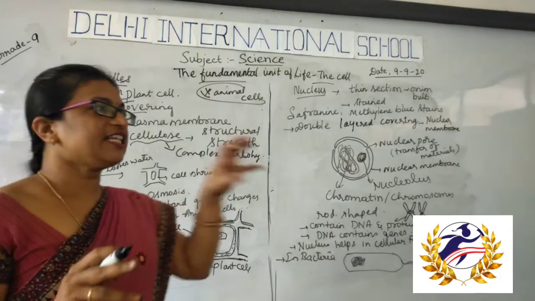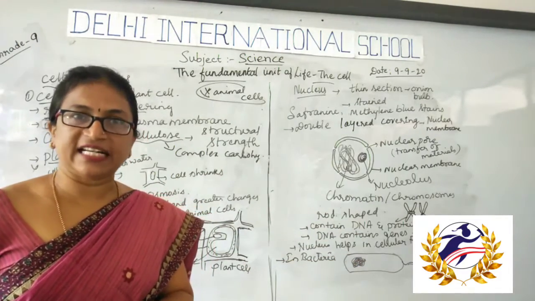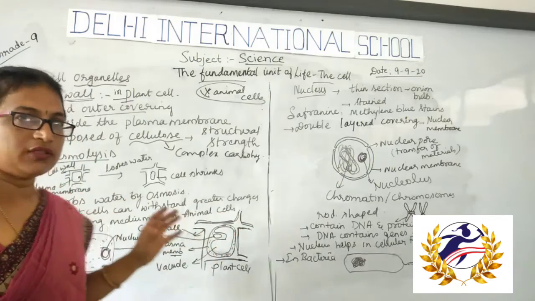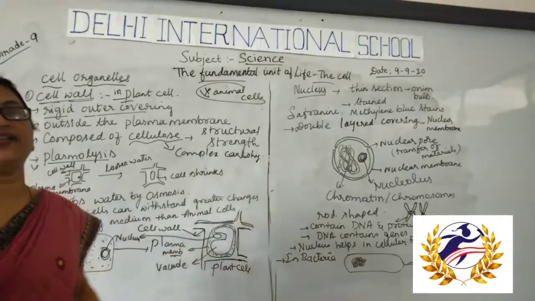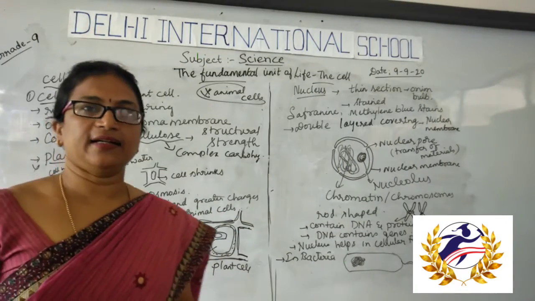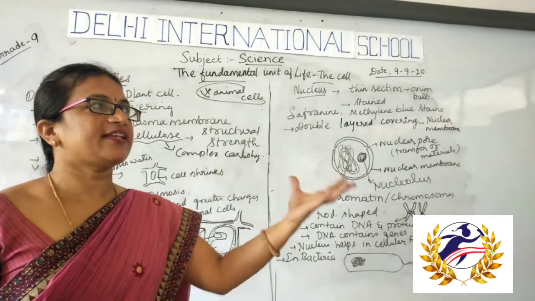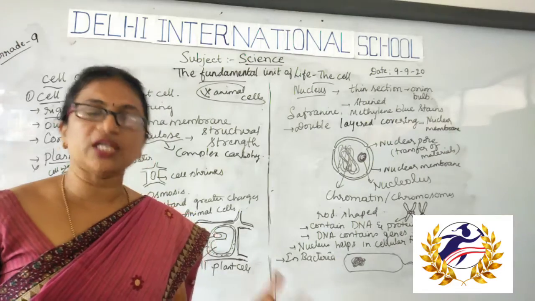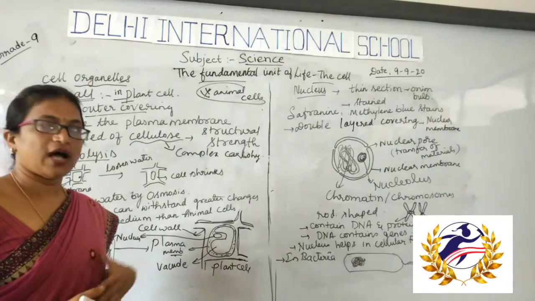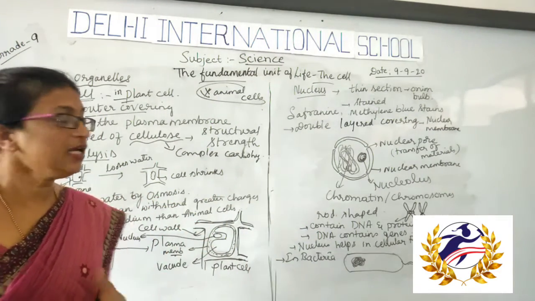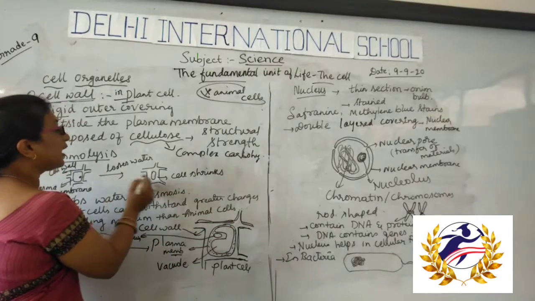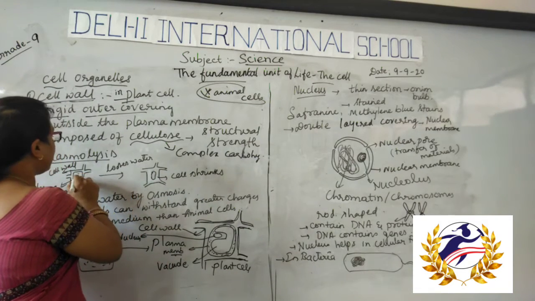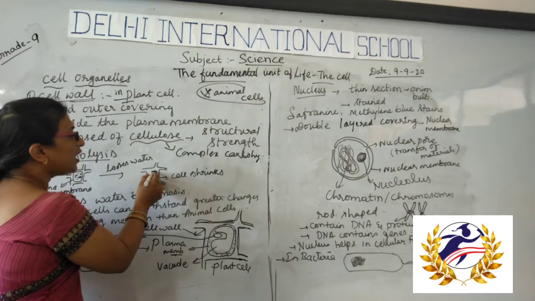When the cell is exposed to a dilute or concentrated solution, that means a hypotonic or hypertonic solution, it may lose all the cell contents and become shrunken.